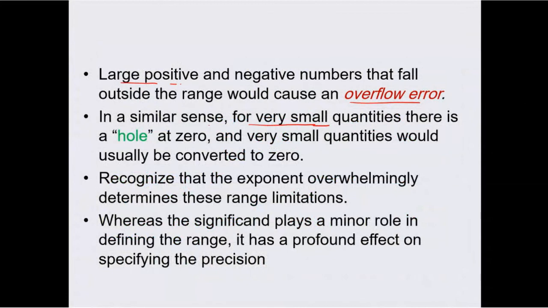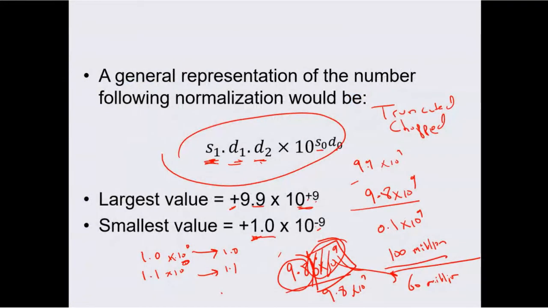We also see here that the exponent determines the range limitations. How much you are going to leave for the exponent, that's going to determine your range limitation. So if you have another digit here for the exponent, then you could have gone up to 10 power plus 99.